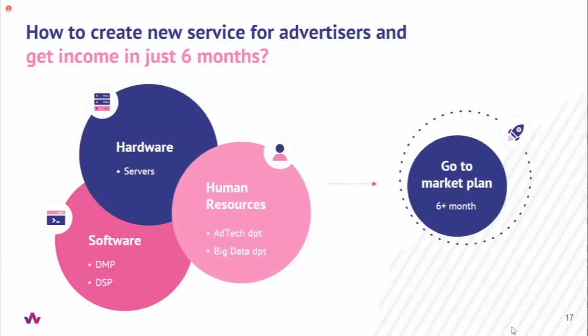And of course, they need a go-to-market plan to define when they launch the development process, the integration process, when they start segmenting their data, and when they are ready to offer this new digital service to external advertisers and companies.